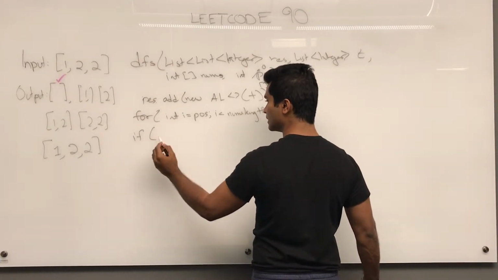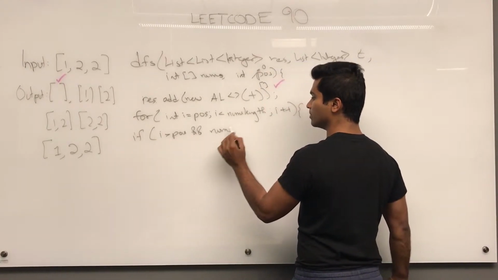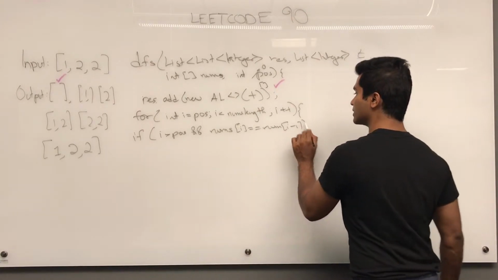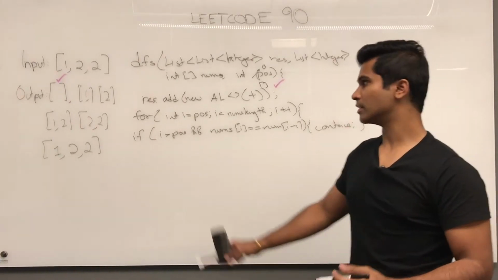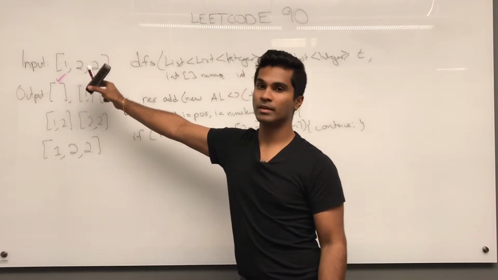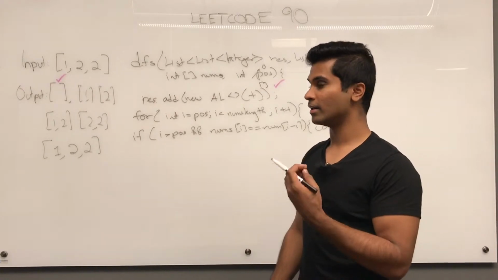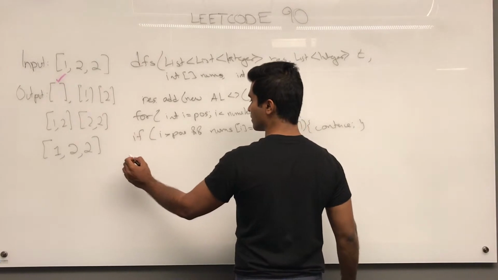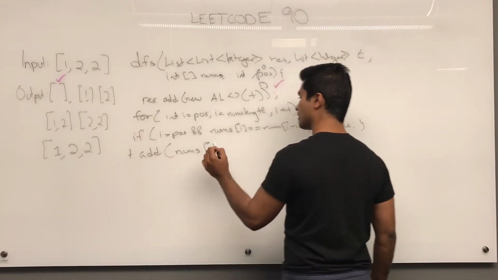If i is greater than pos and the element we're visiting is the same as the element that we had previously, we're going to continue. So what that means is if we're on this one, we're going to skip if the same thing is the same, if the number before is the same. Then we're going to add nums of i.